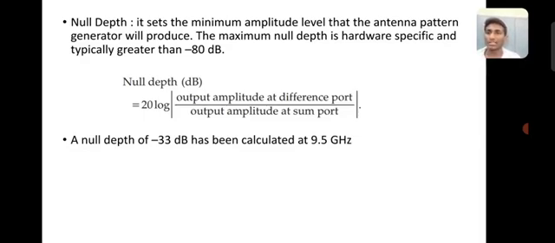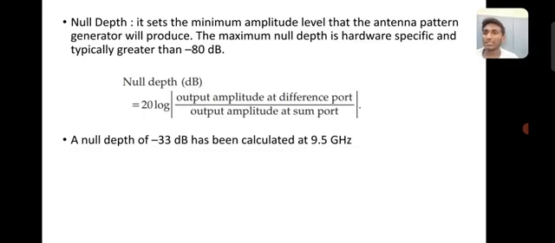The maximum null depth is typically greater than minus 80 dB. So practically or theoretically, the maximum null depth is minus 80 decibel, but here you can get the minus 33 dB null depth.